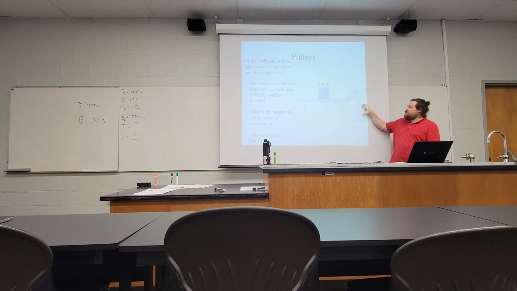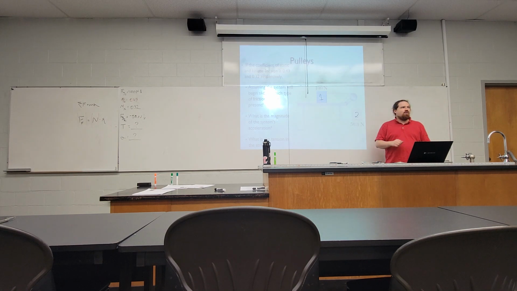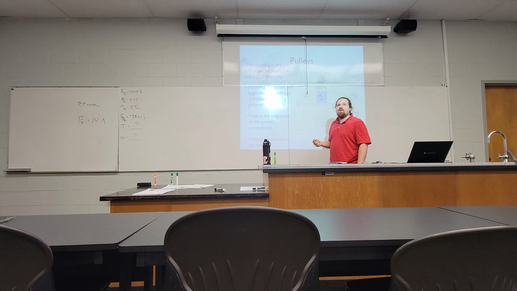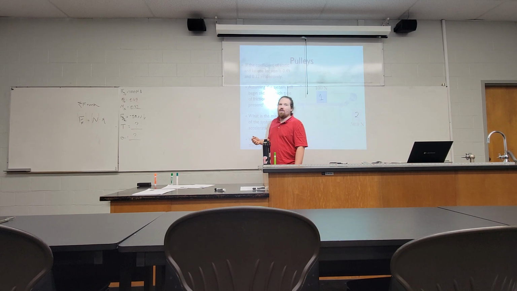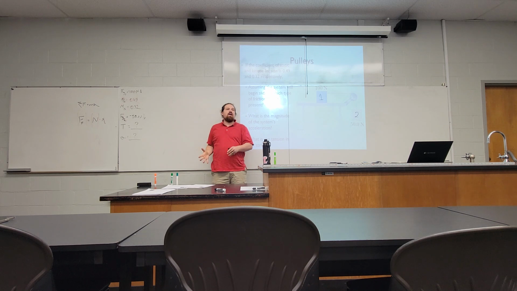So if box 2 takes the, I've been calling them 1 and 2, so let's label them 1 and 2. If box 2 takes the lead and starts descending, the rope is going to pull box 1 forwards along with it at the same rate. They're tied together. They have to proceed together at the same rate. If you and a bunch of people are sitting in the same car and the car starts accelerating, you're going to accelerate at the same rate because you're all physically attached via your seatbelts.